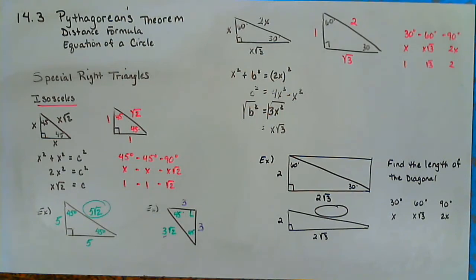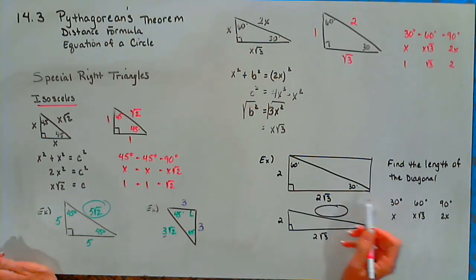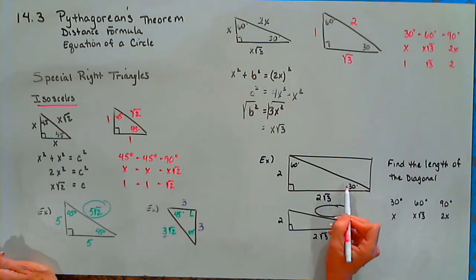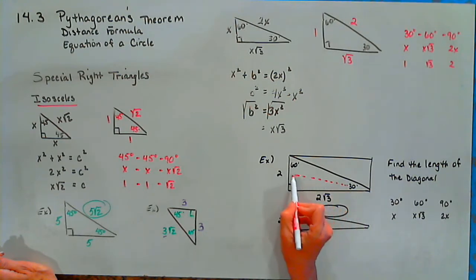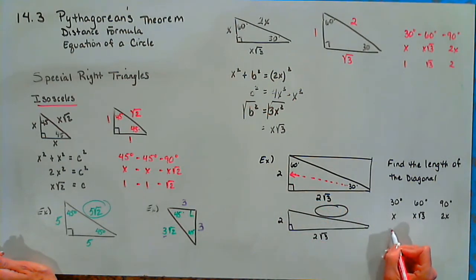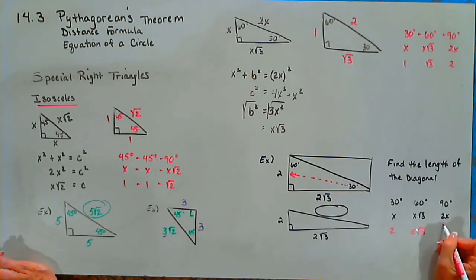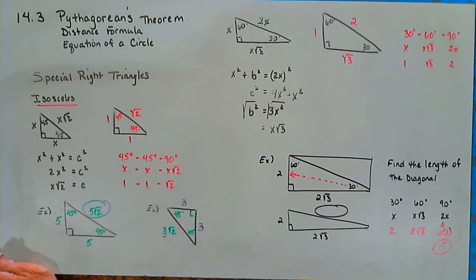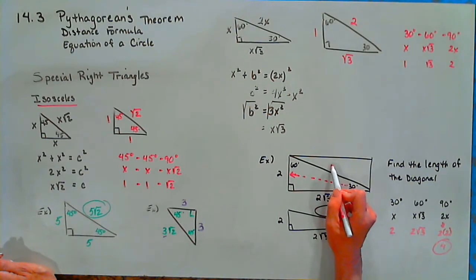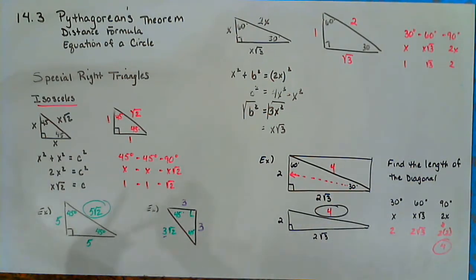The x represents the side opposite the 30 degrees. So if I look at the side opposite the 30 degrees, that number is 2, which means the other side better be 2 root 3, which it is. Therefore, the hypotenuse would be 2 times 2, or in our case, 4. So the length of that hypotenuse is 4, which means the length of that diagonal is 4.